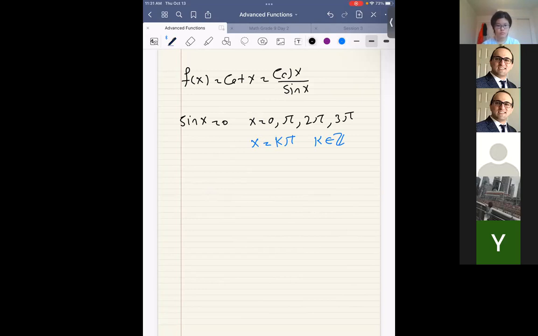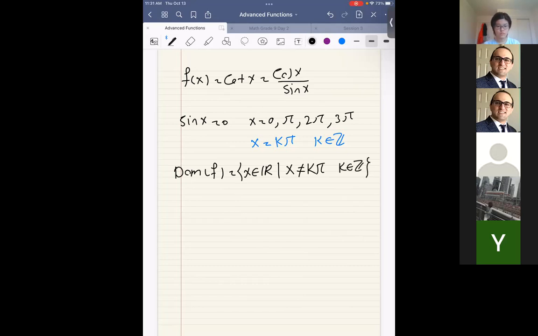So the domain for cotangent is the set of real numbers except x cannot be k times pi, k an integer.